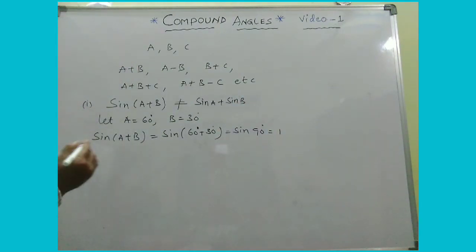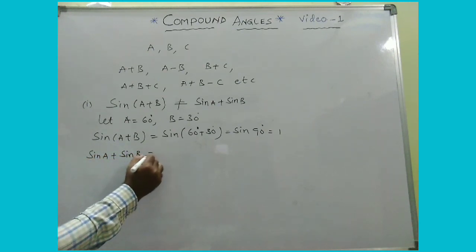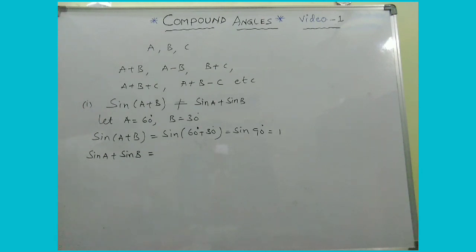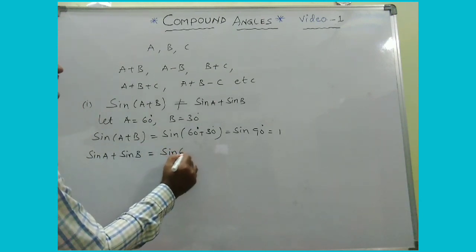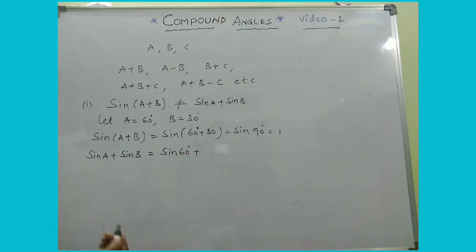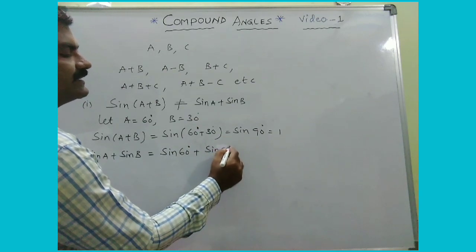Okay. Now let us also find the value of sine A plus sine B. Angle A is 60 degrees, plus sine of angle B, which is 30 degrees.